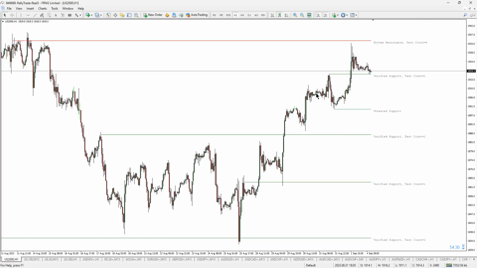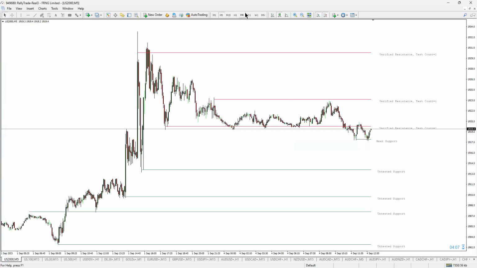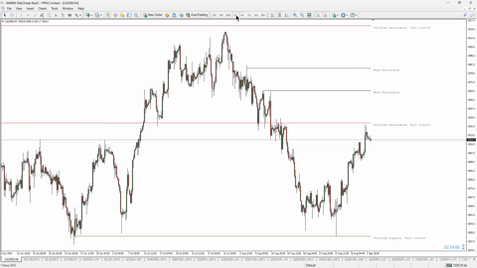Look at something like this now. You can see resistance, you can see support. I prefer this to drawing it by myself, because these support and resistance lines do not only apply to one time frame, they cut across multiple time frames. That is one thing I like about it.